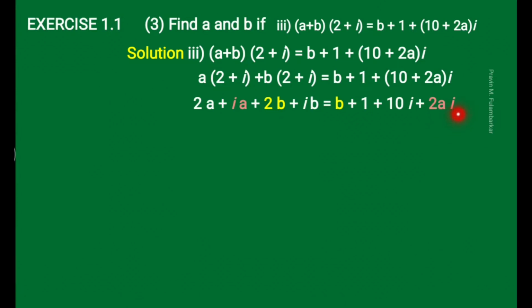And this is 2ai and this is ai, that means after transferring this 2ai to the left hand side, we get minus 2ai plus ai, that is minus ai. So we rearrange those terms first. We write 2a as it is, this 2ai after transferring to the left hand side we get minus 2ai, and transferring this plus b to the left hand side we get minus b.